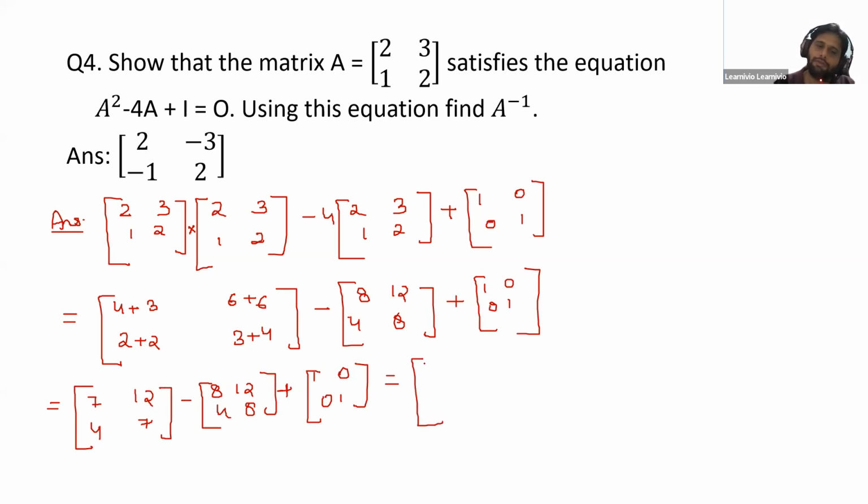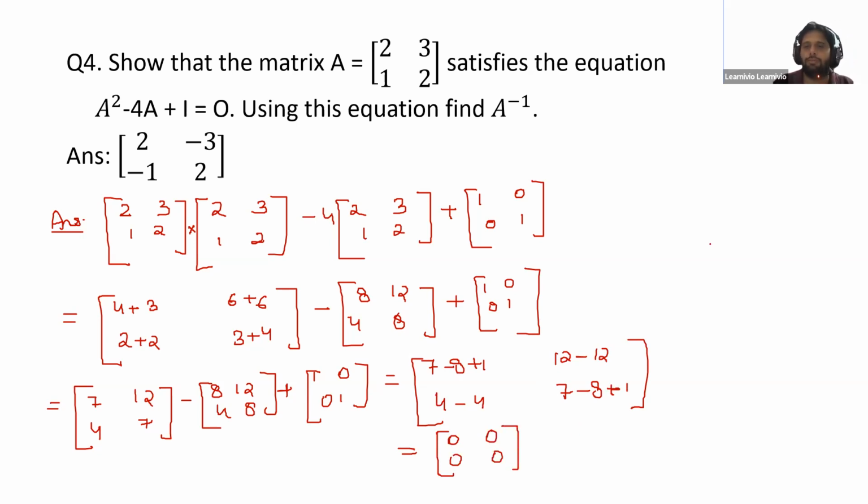So first is 7. Here we have a negative 8. And here we have a positive 1. Next one, 12 minus 12. Next is 4 minus 4. Next is 7 minus 8 plus 1. So here you will get a 0, here you will get a 0, 0, and 0. So that's why you will get a null matrix.